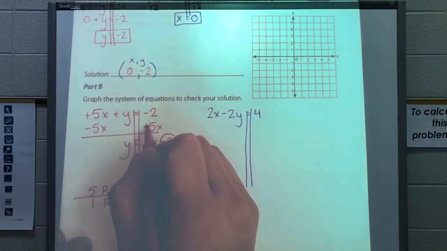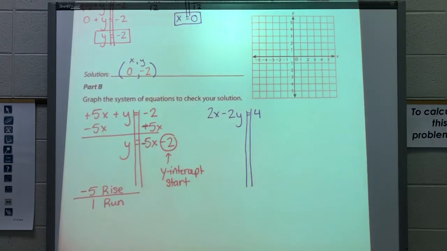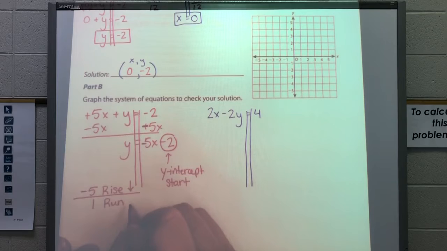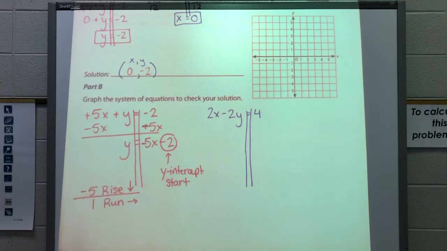So that should be a subtraction sign, subtraction sign, subtraction sign. So that's actually a negative 5, which would mess me up if I was doing rise over run and I went up, because I'm supposed to go down and to the right. Does everybody see that? Subtract, subtract, and that makes it negative.